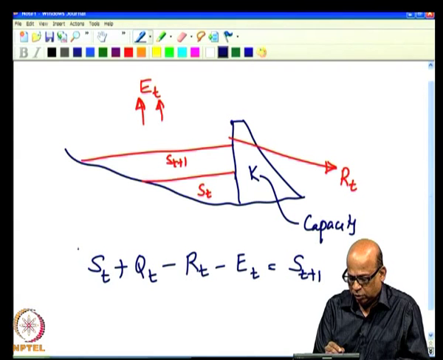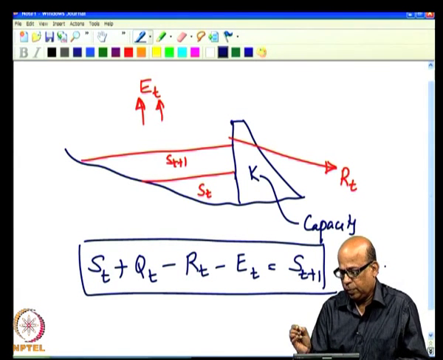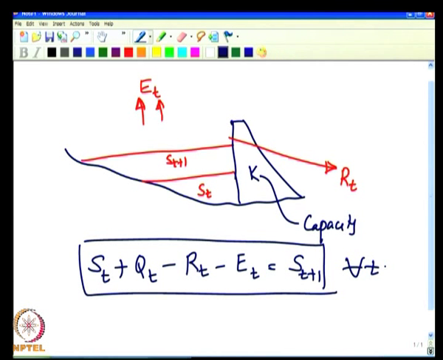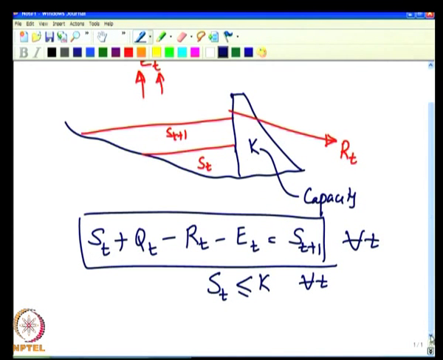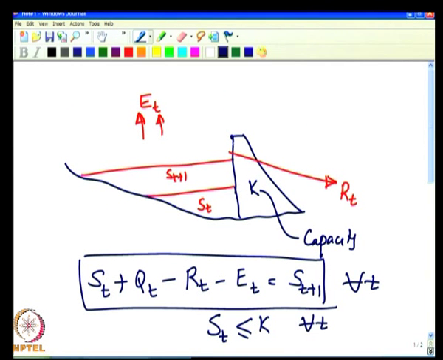So, this is the storage continuity that we have been writing, and this we write for all t. And because the storage at any point should not be greater than the capacity, we introduce the constraint St is less than or equal to K for all t. This simply states that the storage cannot be greater than the capacity.